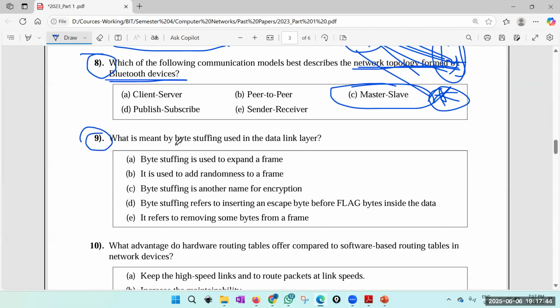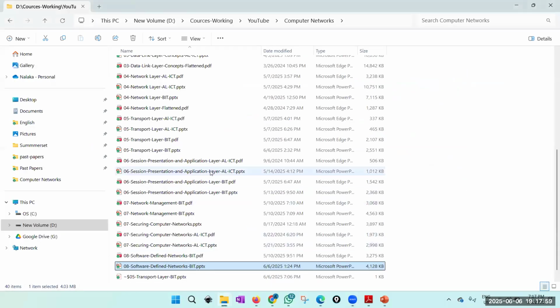What is meant by byte stuffing used in data link layer? What is that? Has it mentioned anything like that in data link layer? Okay, let me open your notes. I don't think it's mentioned in our note, but maybe in the UCSC note.